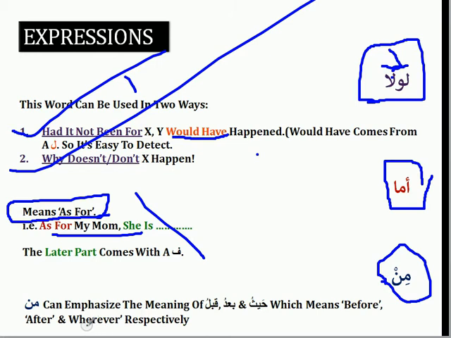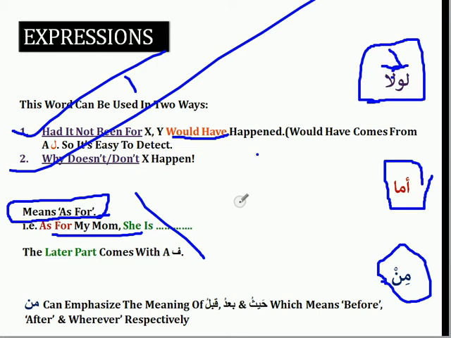Min you already know, which means from, but it can also be used to emphasize the meaning of qabl, ba'd or haythu, which means before, after and wherever respectively. You know these from the vocabulary sets. These are special mudaf. Sorry, the new title I gave, look, I am using Bangla. The new title I gave was Zuruf or Zarf, so you can use that.